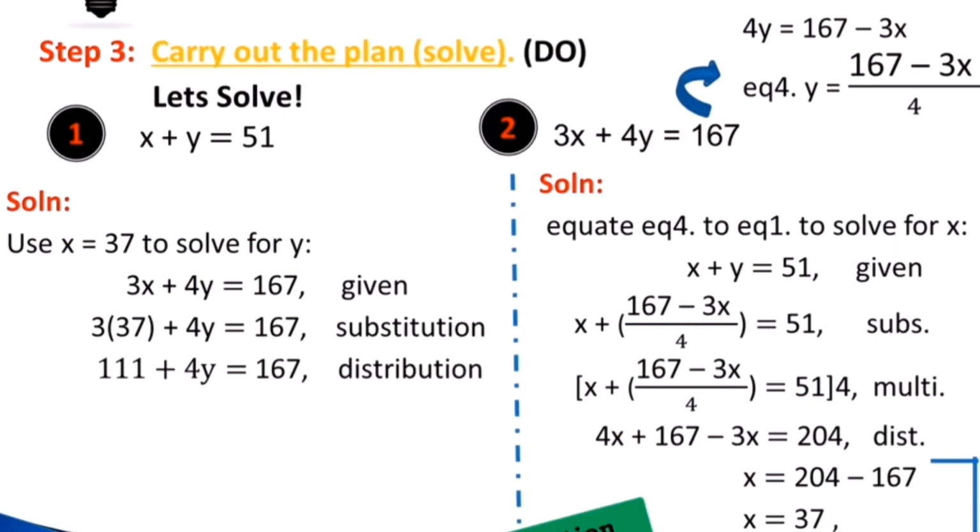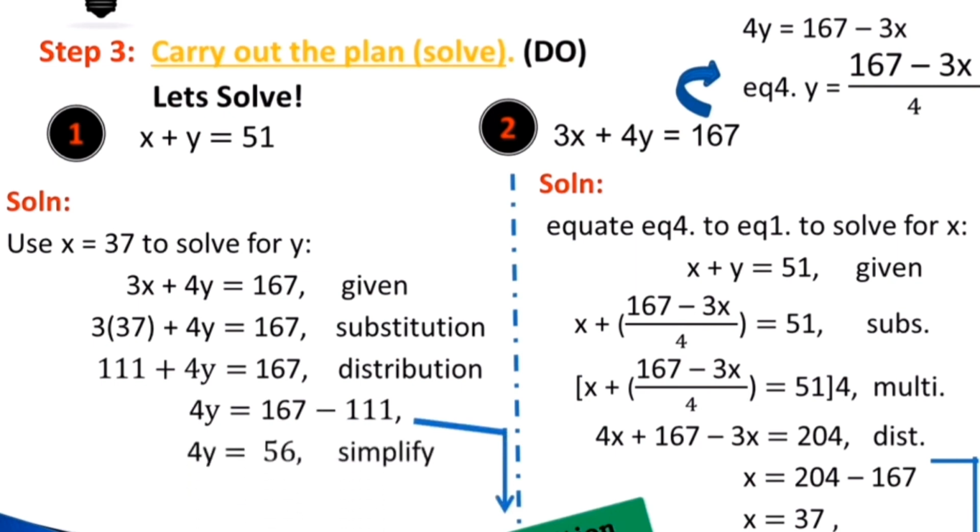But in this case, I am looking for the value of y, so I will transpose 111 to the other side. It becomes negative 111 by transposition. Then, okay, do the simplification. Then, of course, when we divide both sides of the equation by 4, you will have 14. So that is how you get the final answer using this alternative solution.